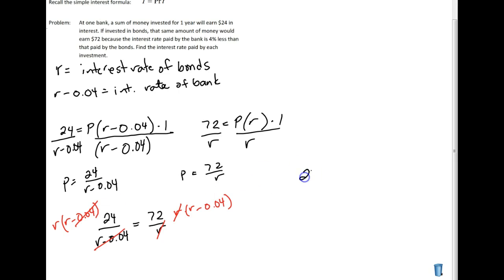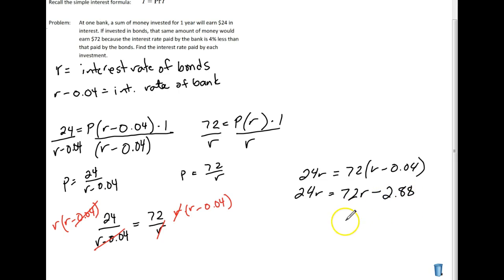I'm left with 24R on this side of the equation. And on this side I have 72 times R minus 0.04. I have to distribute this in order to be able to move forward and solve. So 24R equals 72R, and then when you multiply 72 times 0.04, you're going to get negative 2.88.